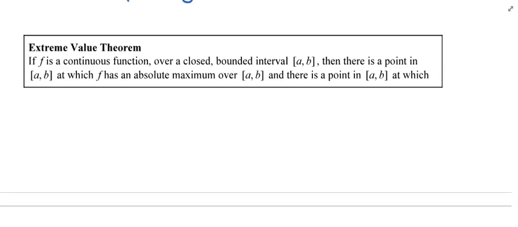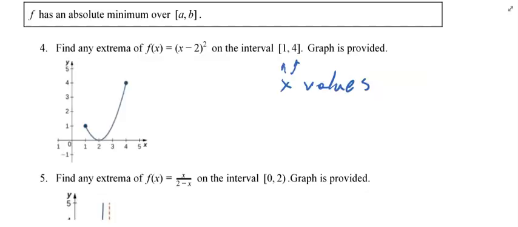This theorem says that if f is a continuous function over a closed bounded interval [a, b], that means a and b are included, the endpoints are included, then there is a point in [a, b] at which f has an absolute maximum over [a, b], and there's a point in [a, b] at which f has an absolute minimum over [a, b]. So the function will have both an absolute maximum and an absolute minimum over a closed interval [a, b].